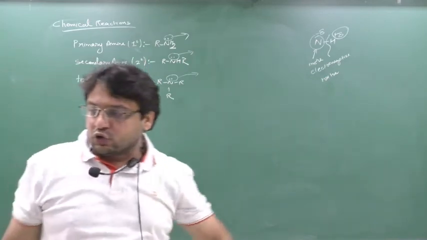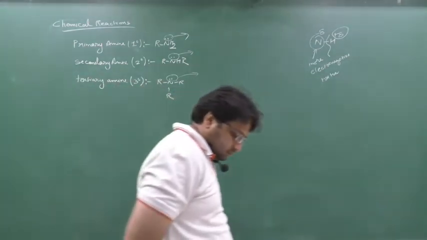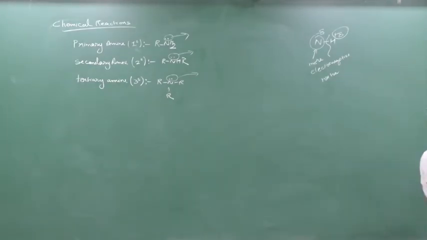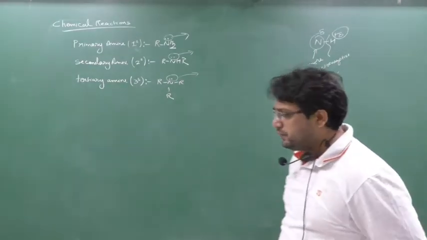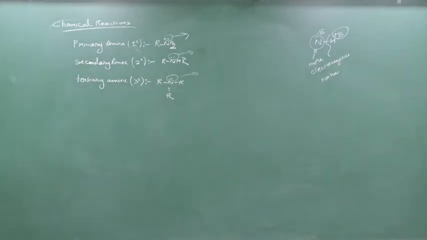Write down. There is a presence of lone pair on the nitrogen, due to which it can donate the lone pair, hence it can act as a base as well as nucleophile.